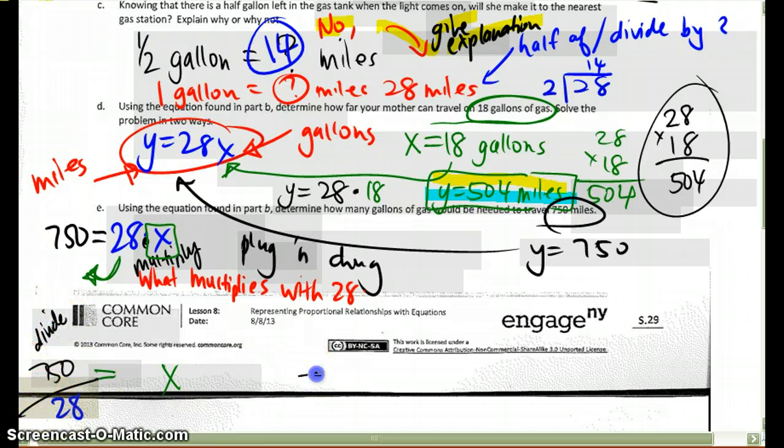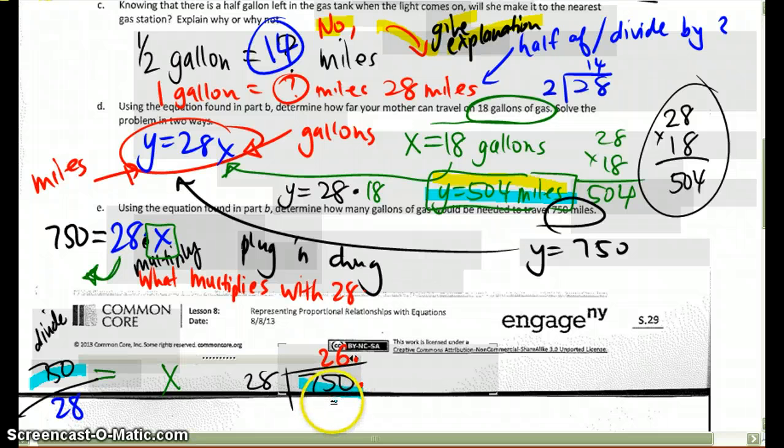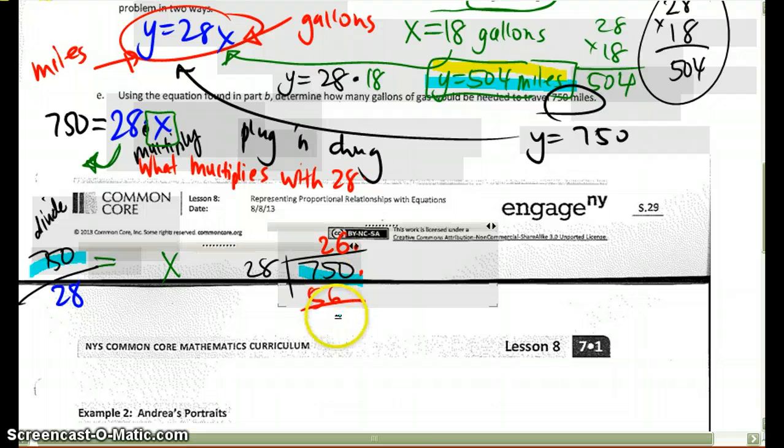I'm going to divide 750 by 28, and it's really nice when I set it up in this fraction, because when I go to divide in the box, I know that the number on the top goes in the box. So 750 is on the top, so it will go in the box. Go ahead and divide that, see what you get. You will get a decimal answer. I'm going to go ahead and help you divide this right now.